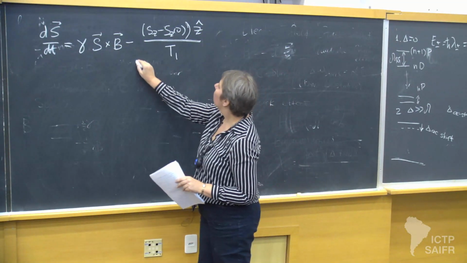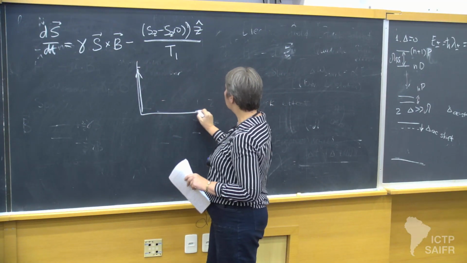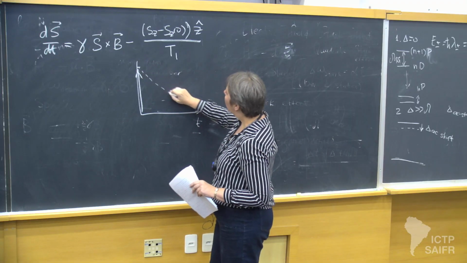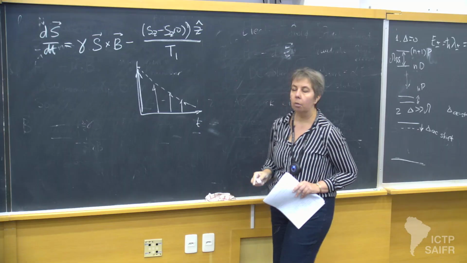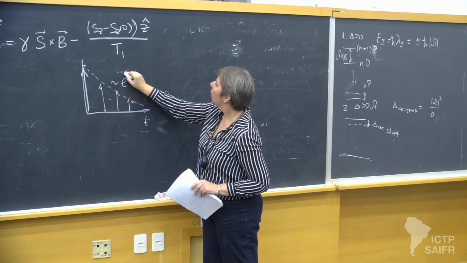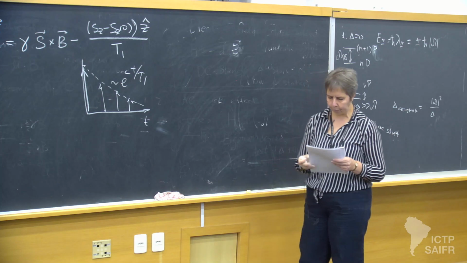That means that if you start with your magnetization at time equal to 0, you wait long enough, and it becomes smaller and smaller. So this is e to the minus time over T1.